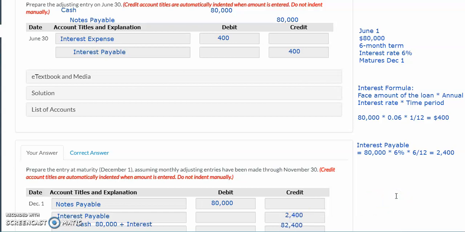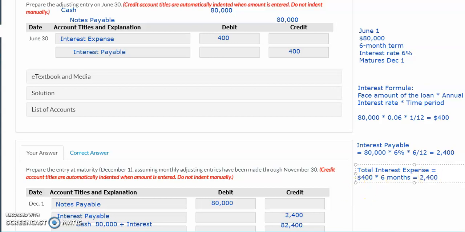So the last question when I scroll down is asking, what is the total interest expense? So the total interest expense will be $400 per month times 6 months, which is the same $2,400.